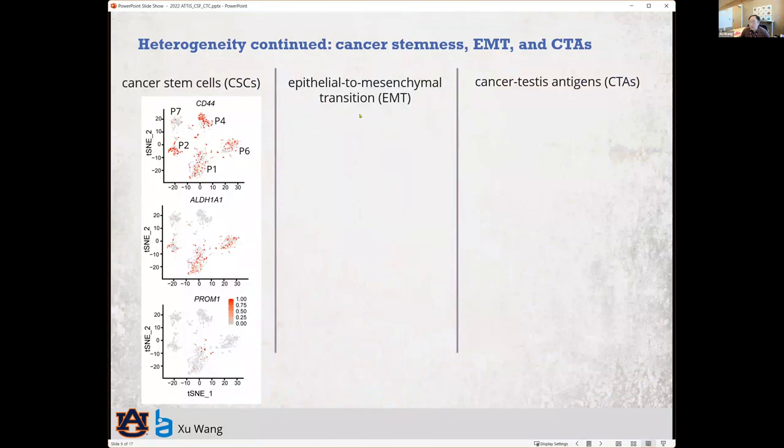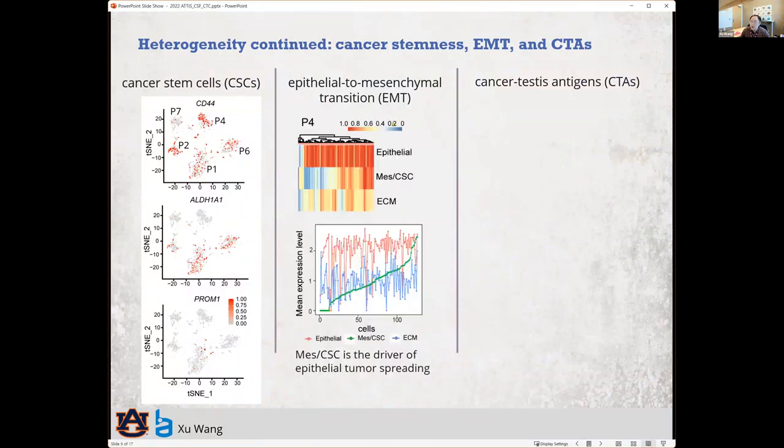So the epithelial to mesenchymal transition is known to be the driver of epithelial tumor spreading. So we also checked the expression profile of these related markers. Almost all tumor cells have epithelial markers highly expressed here, and the extracellular matrix related markers are also abundant in all cells we checked.